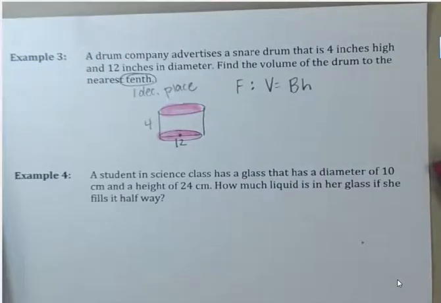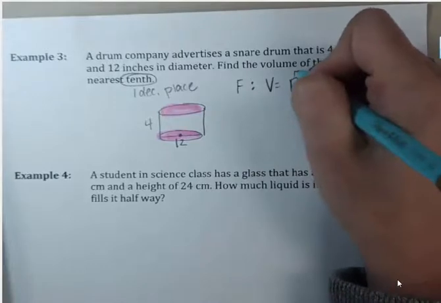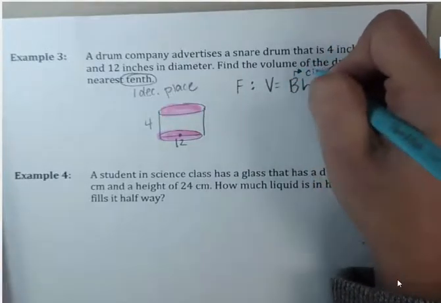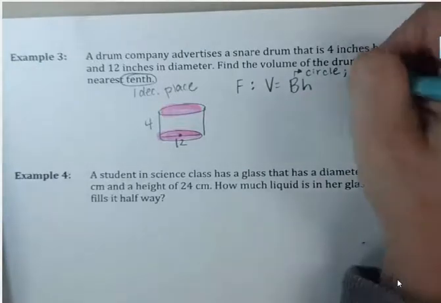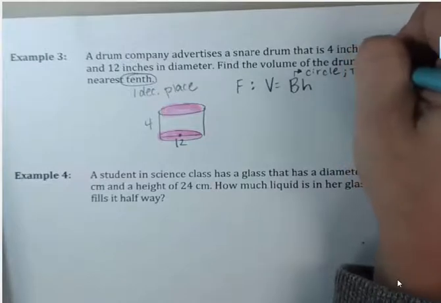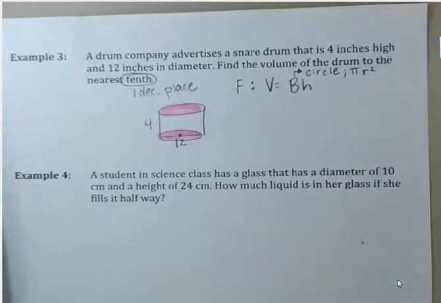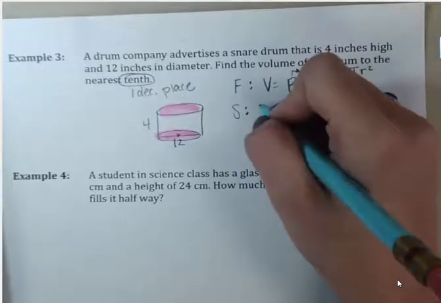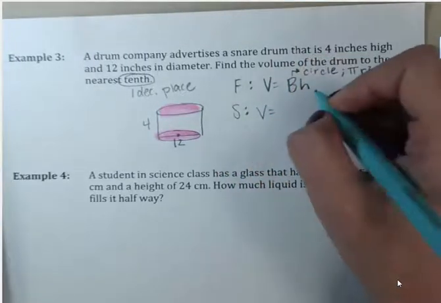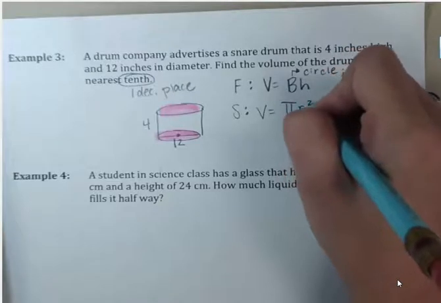So you draw an arrow up from your B, and you tell me it's a circle, and you tell me what's the formula for the area of a circle. The formula for area of a circle is pi r squared. Next, you're going to substitute. So, volume is equal to pi r squared times height.